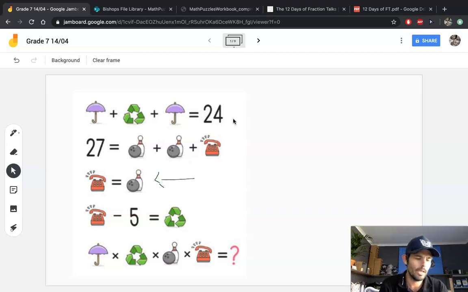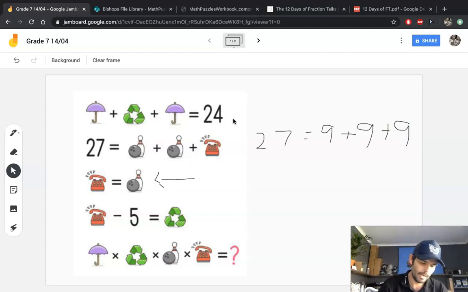So that means that 27 is going to be equal to 9 plus 9 plus another 9. Okay, so knowing that the telephone equals 9, then that needs to be 9 minus 5 is equal to 4. Okay, so the recycling is 4.